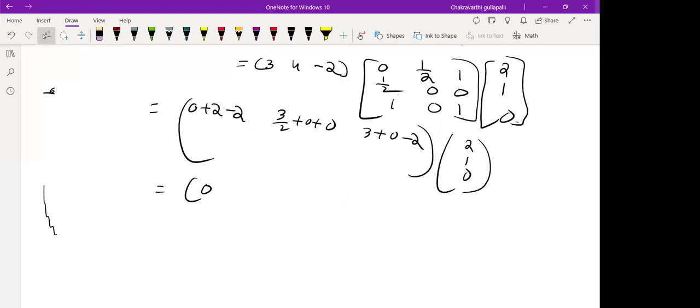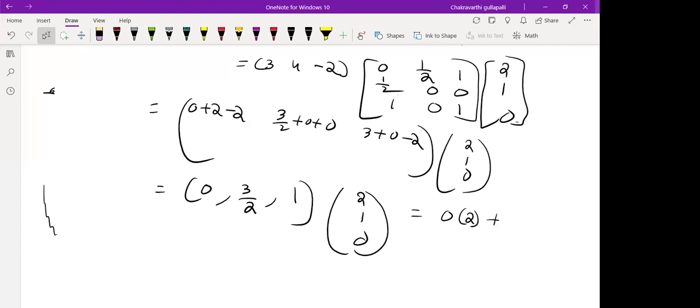This is 0, 3/2, 3 minus 2 is 1. Then (2, 1, 0)... 0 into 2 plus 3/2 into 1 plus 1 into 6.